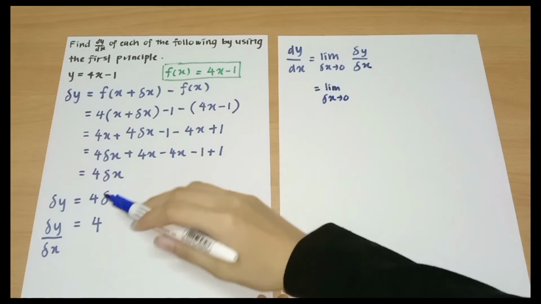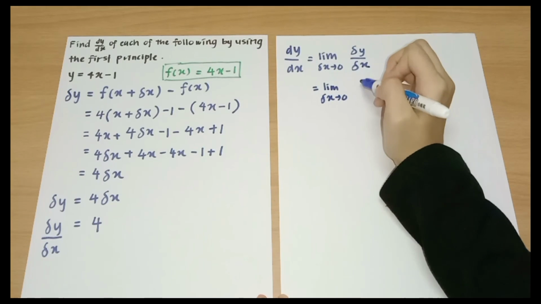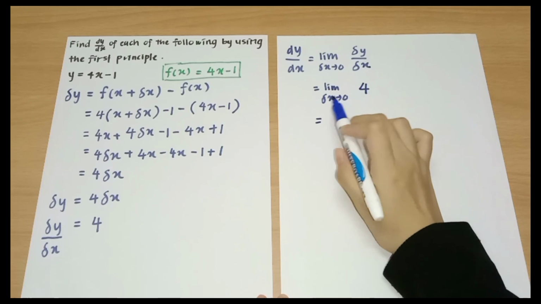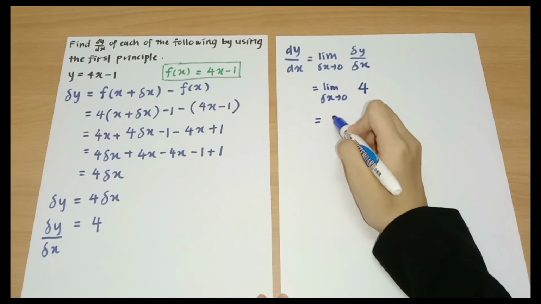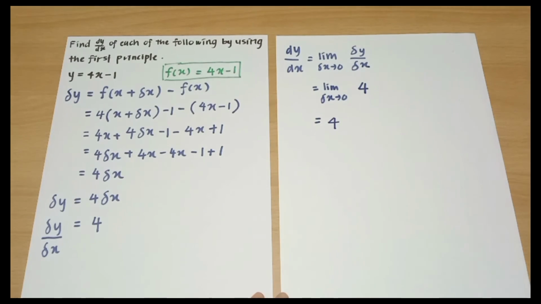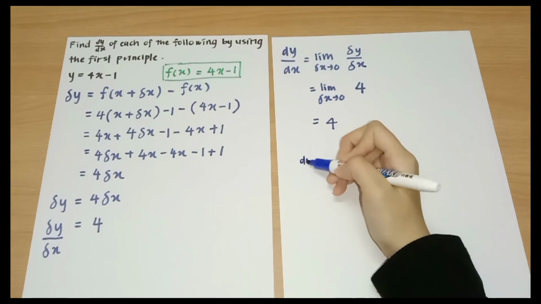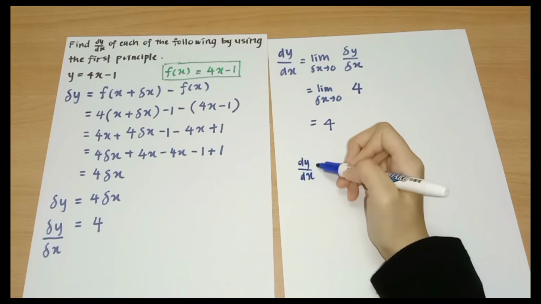Then we substitute the value of delta y over delta x with 4. Apply the limits property and we get 4. So the dy over dx equals to 4.